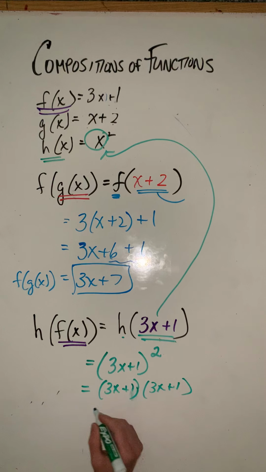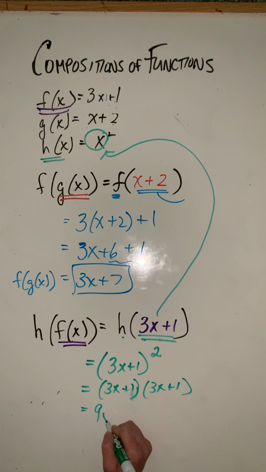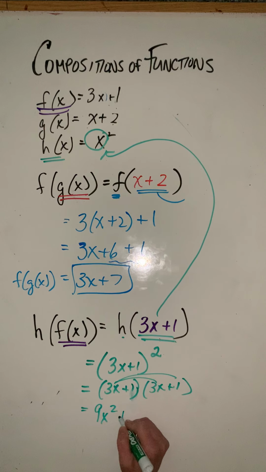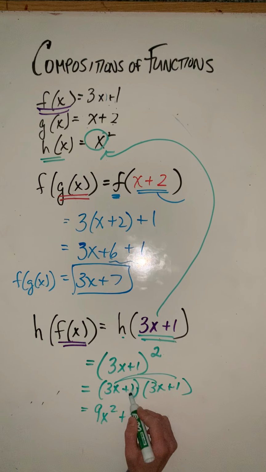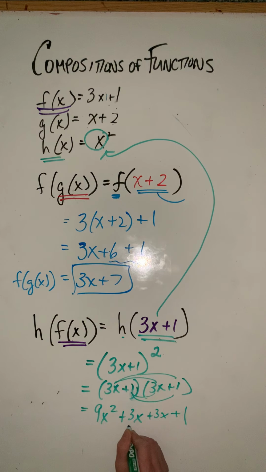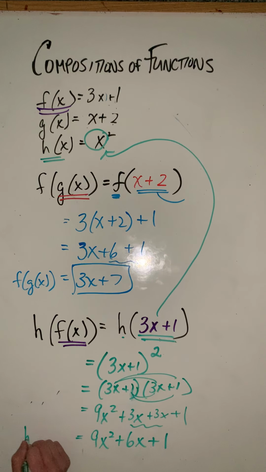So if we distribute the 3x, we get 9x squared plus 3x, and then distribute the 1, so plus 3x plus 1. And if we combine like terms, we are left with 9x squared plus 6x plus 1. So that is our final answer.